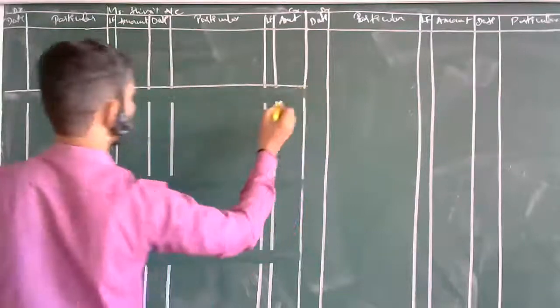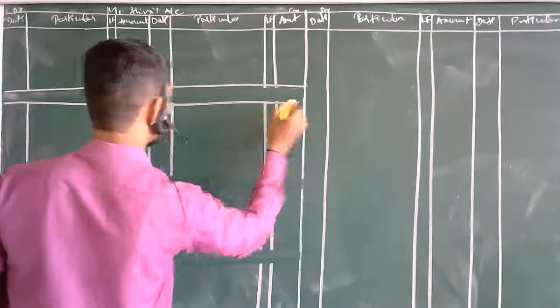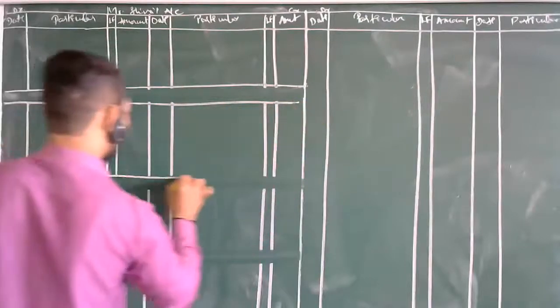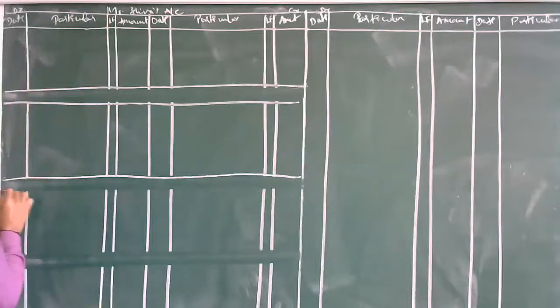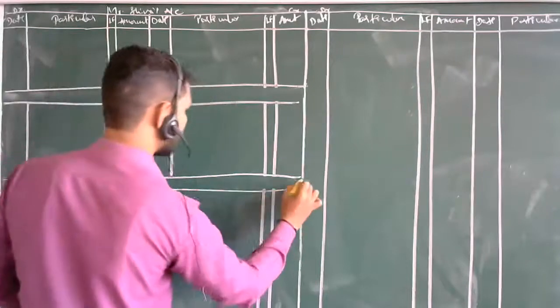Only single entries are there over here. We are not having more entries in this. So the first one was Shiva's account. Second, which account are you going to take? You have made the sales over there. Second.